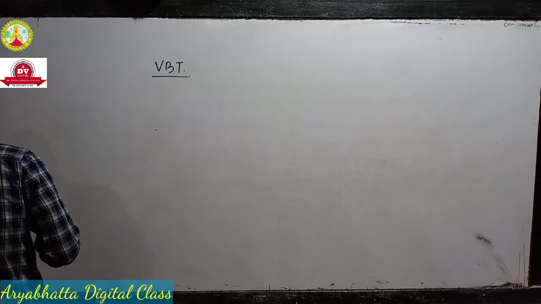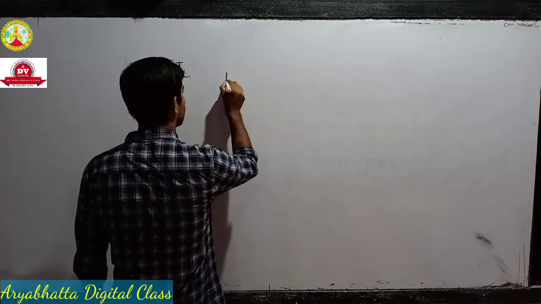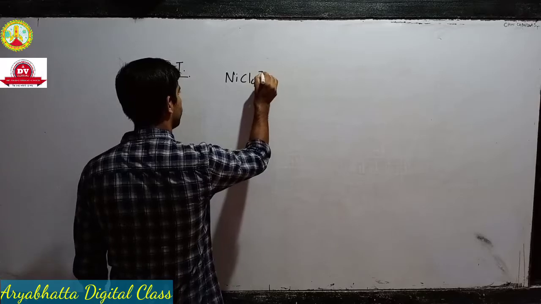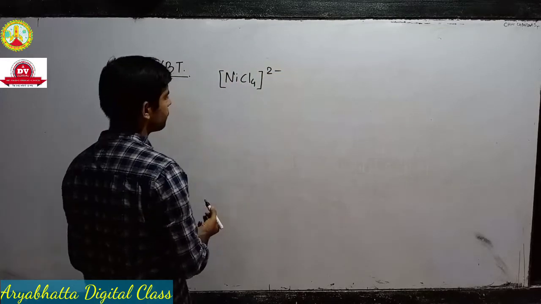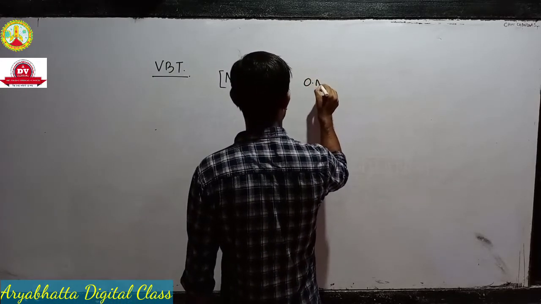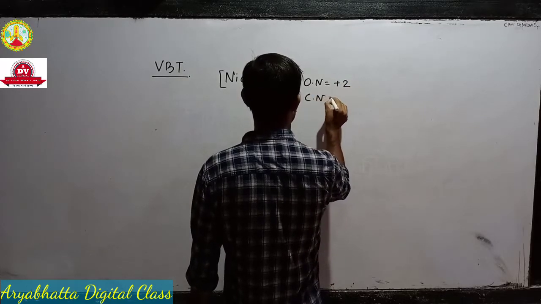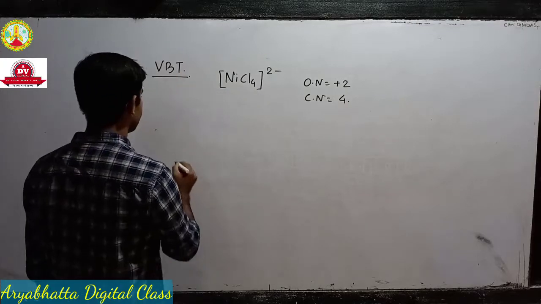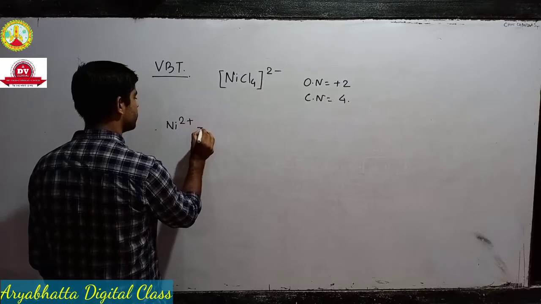The first one is NiCl4 2 negative. You can calculate that the oxidation number is +2 and the coordination number is 4. Now we will write the electronic configuration of nickel 2 positive.